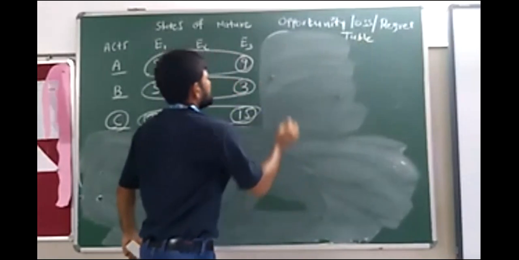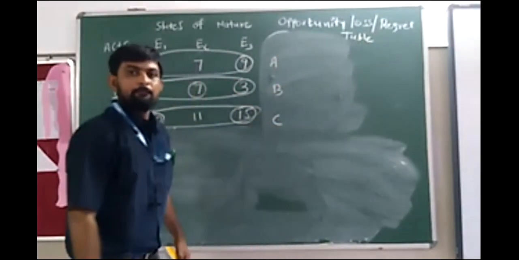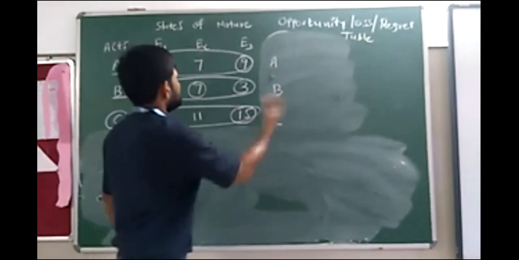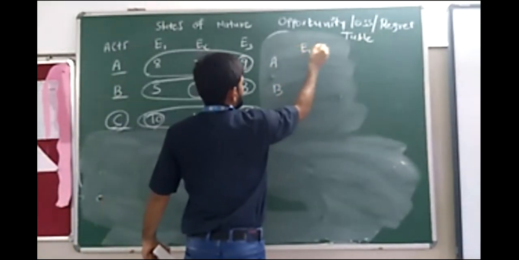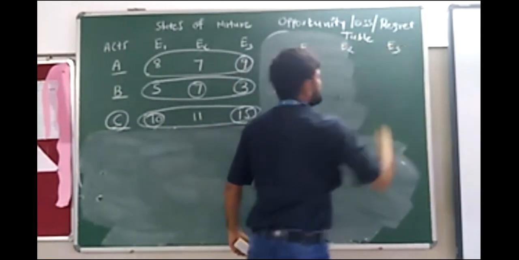Now here we'll write acts A, B, C, and in columns we'll write states of nature E1, E2 and E3.